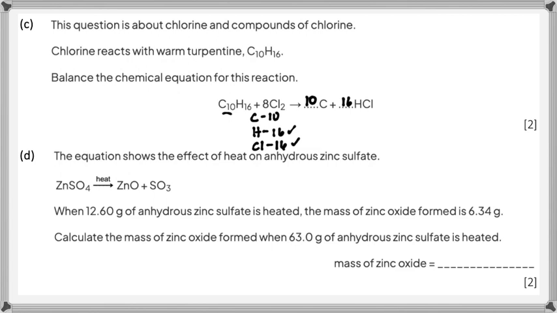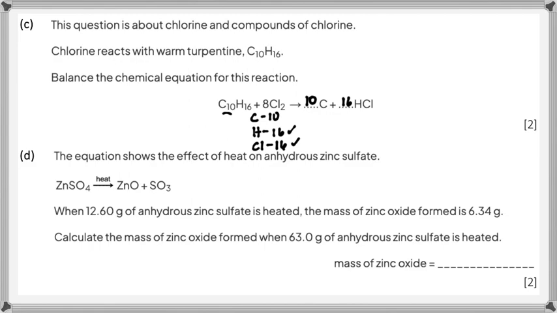When 12.6 grams of anhydrous zinc sulfate is heated, the mass of zinc oxide formed is 6.34 grams. Calculate the mass of zinc oxide formed when 63.0 grams of anhydrous zinc sulfate is heated.